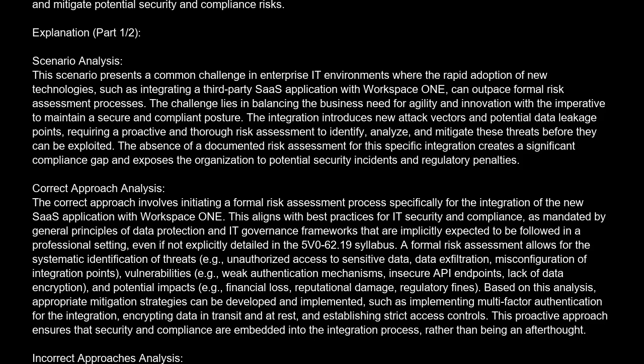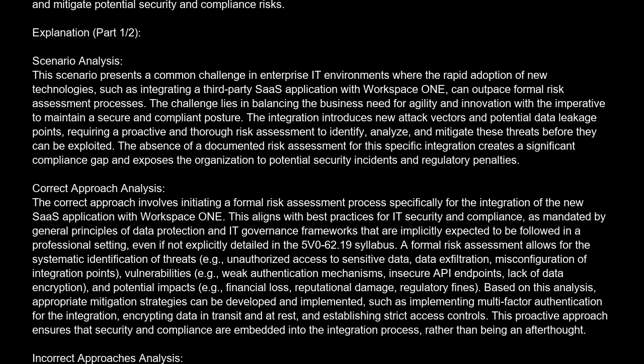Correct approach analysis. The correct approach involves initiating a formal risk assessment process specifically for the integration of the new SaaS application with Workspace 1. This aligns with best practices for IT security and compliance, as mandated by general principles of data protection and IT governance frameworks that are implicitly expected to be followed in a professional setting, even if not explicitly detailed in the 5V0-62.19 syllabus.